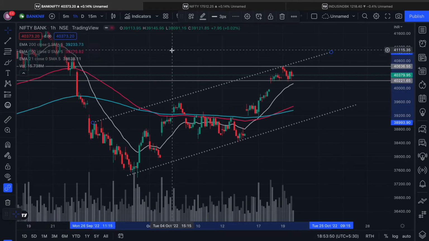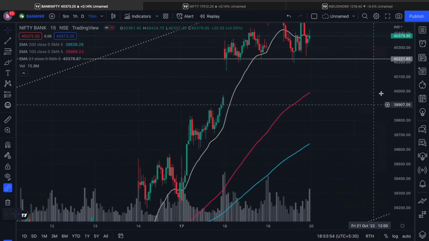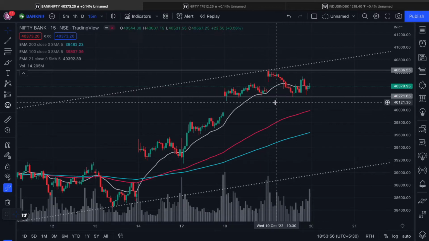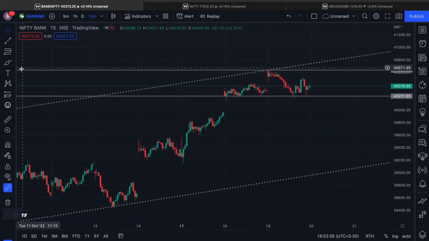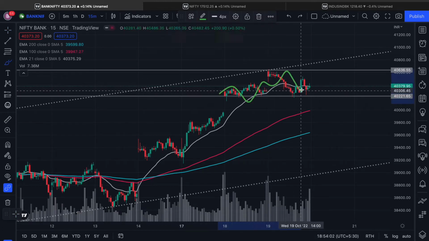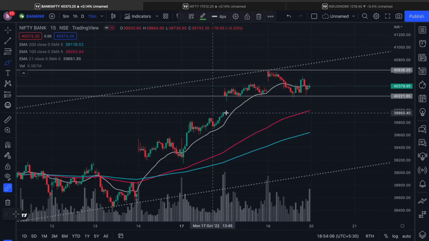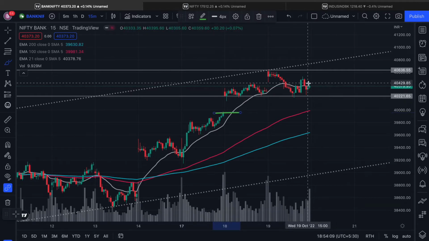So if I were to talk about today's intraday price action, or the price action for the last two trading sessions, so here it is very clear that the price has formed a range here, right? And we might see this gap getting filled up tomorrow or on the next trading session if price fails to sustain above this 40,200 mark, right?